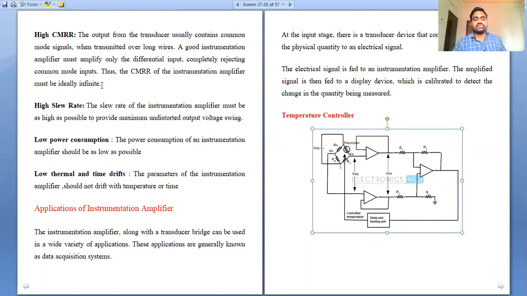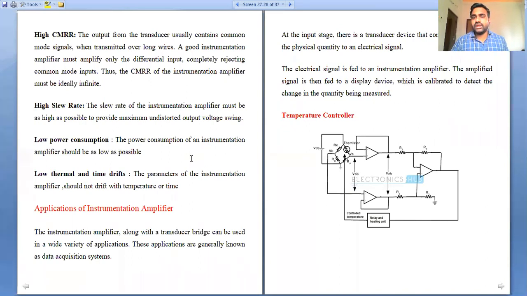And the last thing is thermal drift and time drift. Thermal drift in the sense of temperature drift. The effect of temperature on the instrumentation amplifier has to be very, very small. If there is any change in input, the temperature will increase and the entire instrumentation operational amplifier will get heated in a short amount of time due to voltage changes.